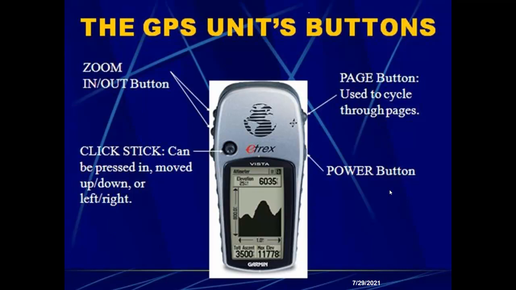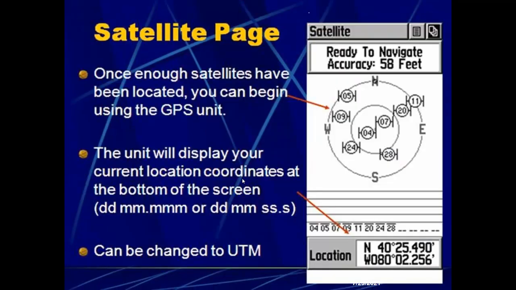The page button is used to identify our satellite range, how many satellites we can get the reading from. The click stick is like a reference button, and the zoom in, zoom out button is used to identify our location in a precise manner. Normal batteries are also used in it. It will give the reading like latitude, longitude and height levels also.